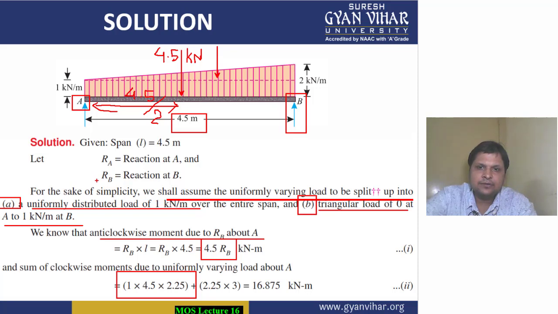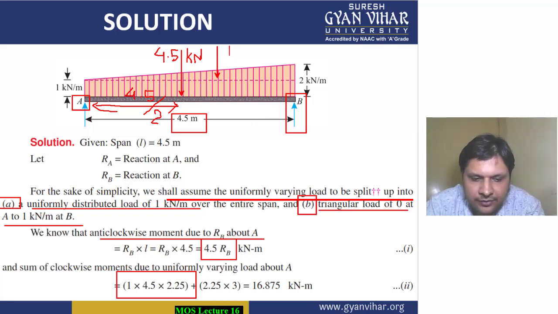And now considering the UVL, what is the total load? How do we calculate the total load? First of all, on one end the load is 0, so 0 plus, on the other end the load is 1. I am talking about the UVL.